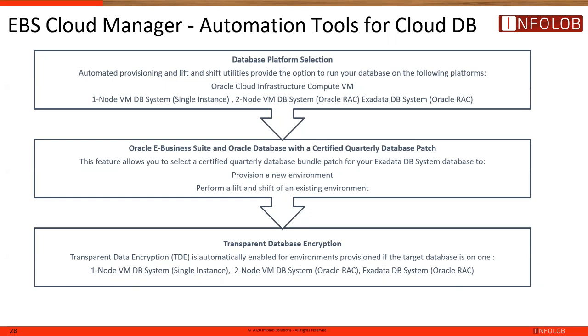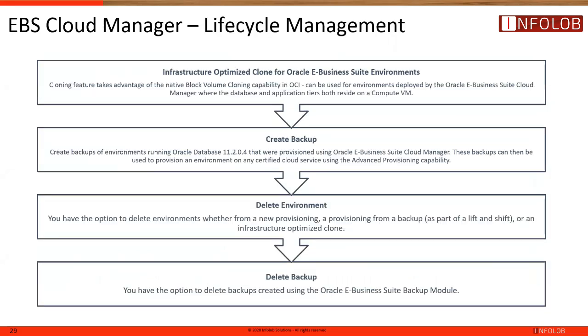So that reduces a lot of effort, and it automates many of those challenging tasks which used to take days and weeks. The second part of it is lifecycle management. It optimizes the entire EBS environment structure, starting with the security list, then the database, application, middleware, and the last one, the load balancers.